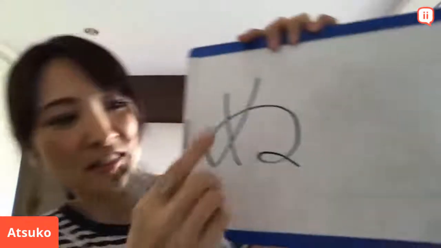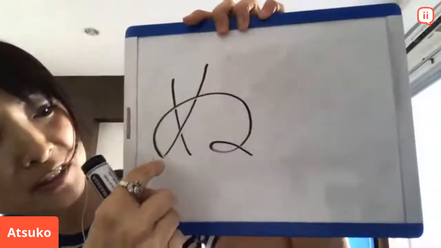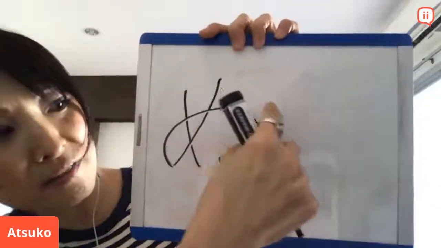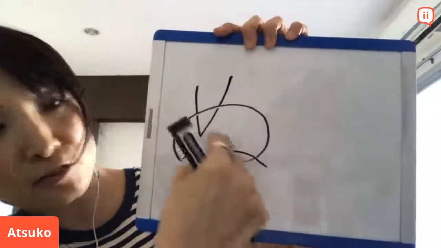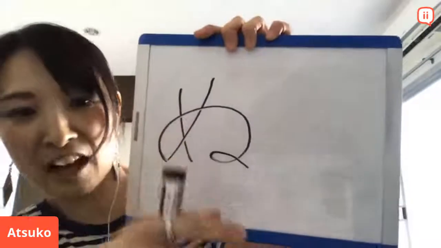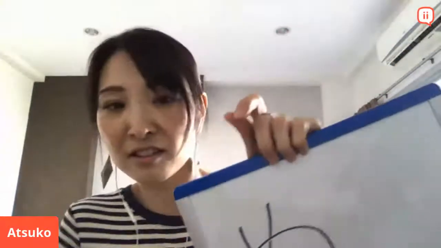Okay. Go down, go up, curve, root down. Go down to the left, go up, curve, and root down, down. And this root is wide.